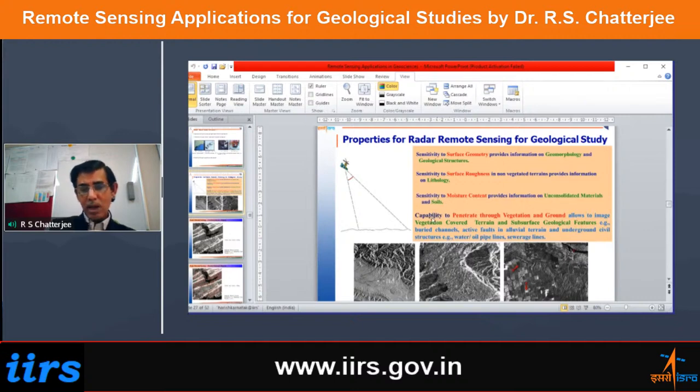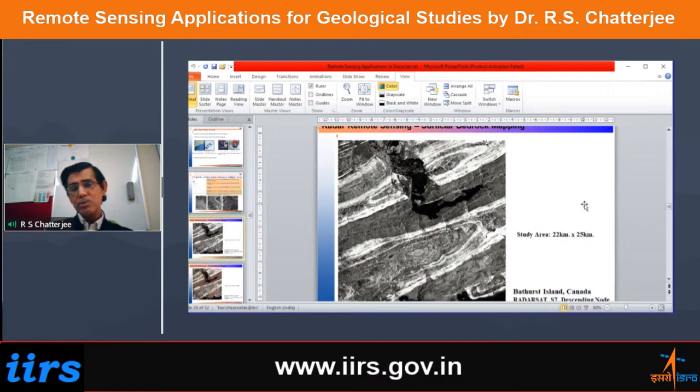And most importantly, its capability to penetrate through vegetation and ground allows it to image vegetation-covered terrain and subsurface geological features. As I already told you, buried channels, active faults covered by alluvium. Those kinds of features you can interpret. And some civil structures like water or oil pipelines and sewerage lines, those kinds of features you can also identify.